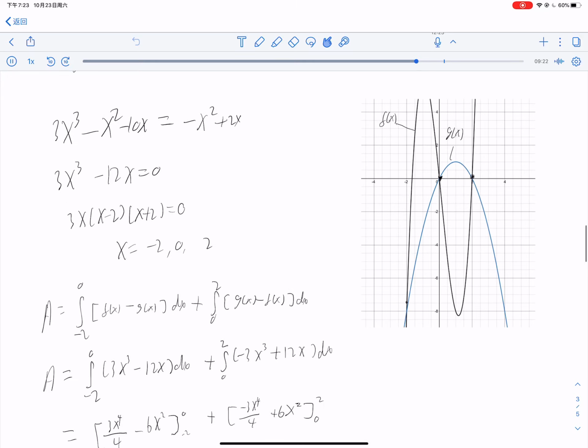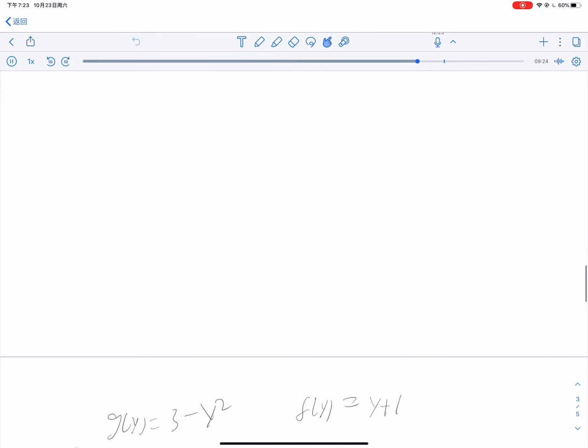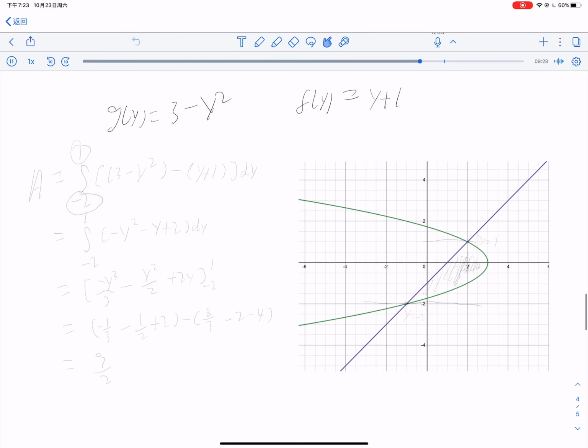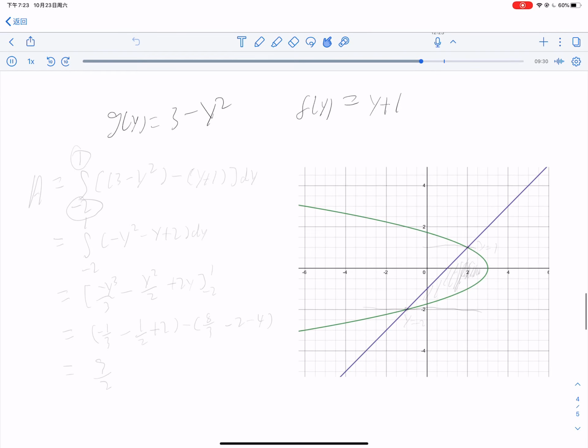Yeah, and here's the last case. So it's a situation where it's f of y and g of y. It's basically the same concept, but just be careful that in this case, it's the one on the right minus the one on the left.